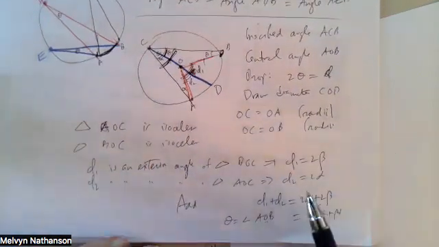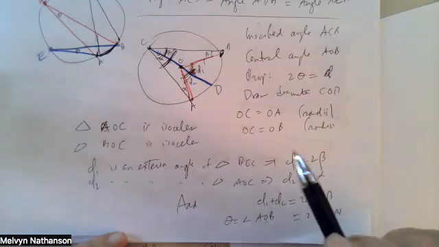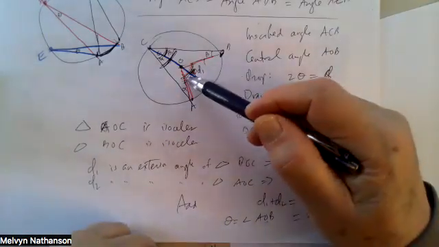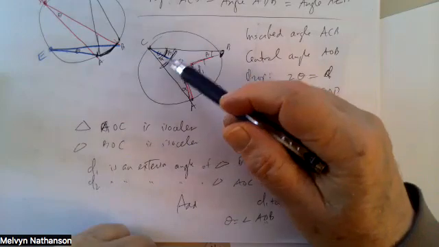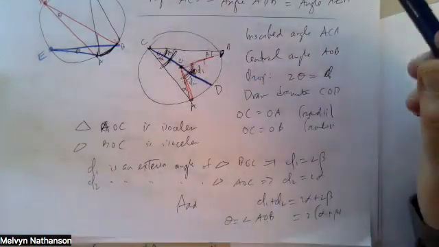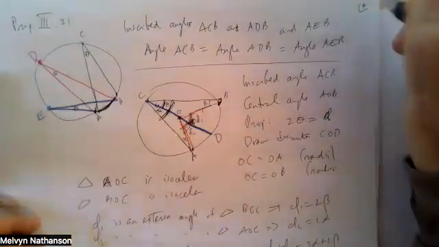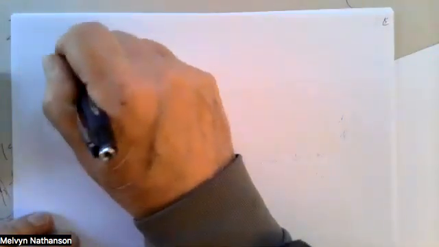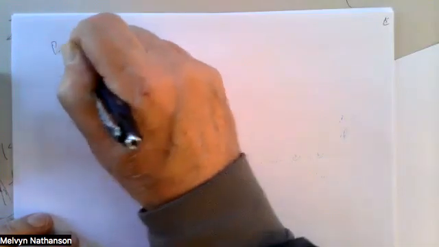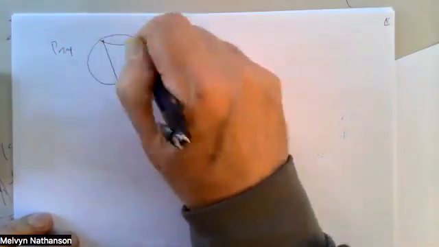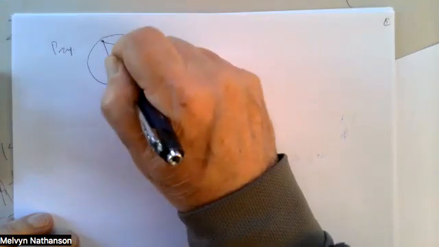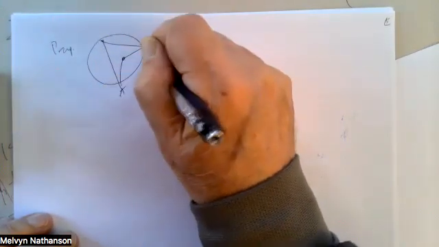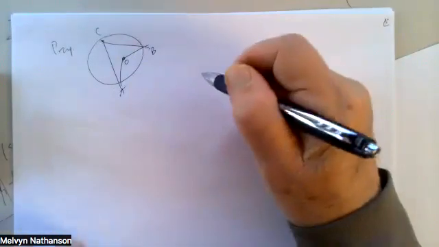So you have to look at this picture for a bit, but you see, we just proved that the central angle is twice the inscribed angle. So we just proved the following proposition. If you have A, B, C, and the center O.